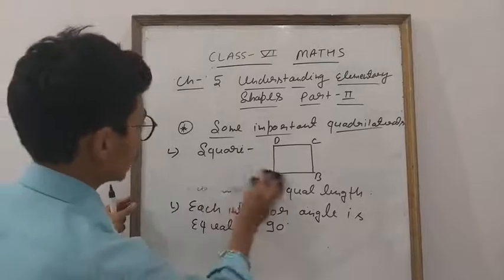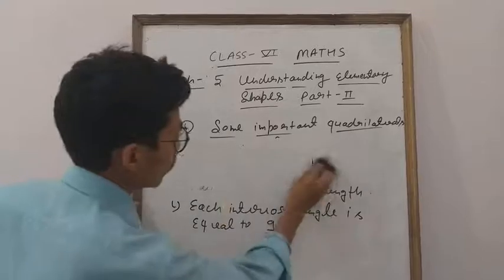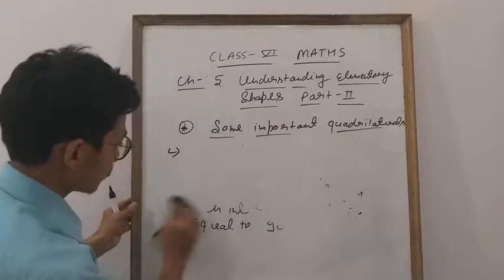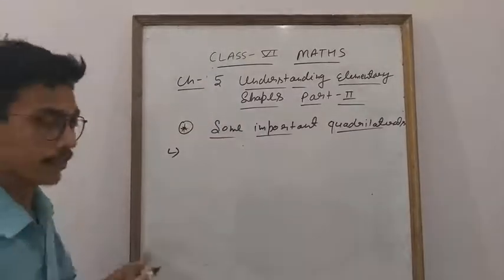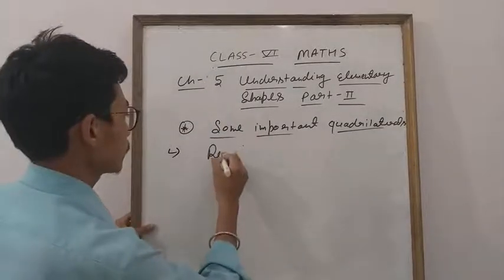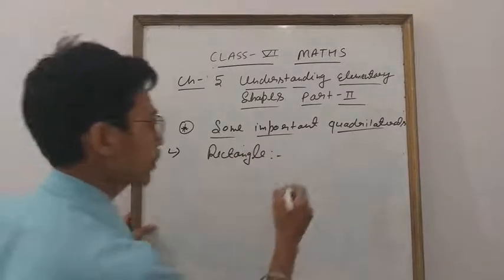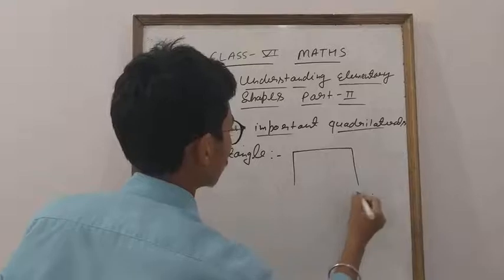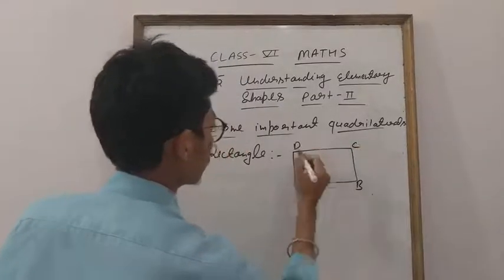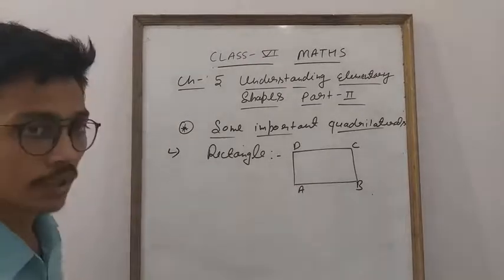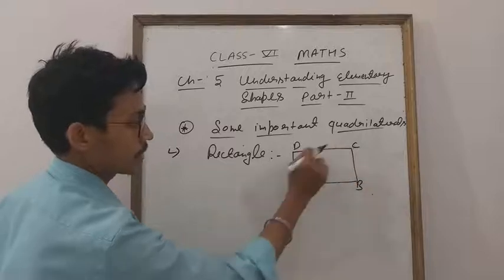Now the next thing is that, students, next we will discuss rectangle. What is the property of the rectangle? This is the diagram of rectangle, A, B, C, D. You can see opposite sides are equal, like AB equal to CD and BC equal to AD.